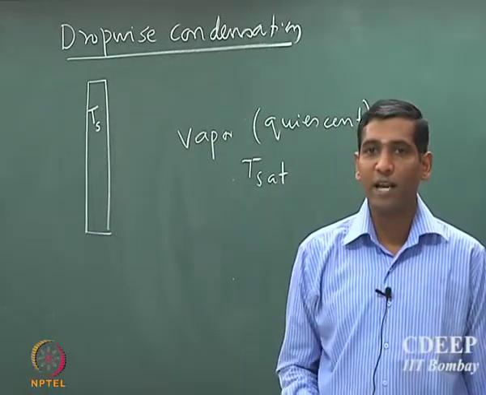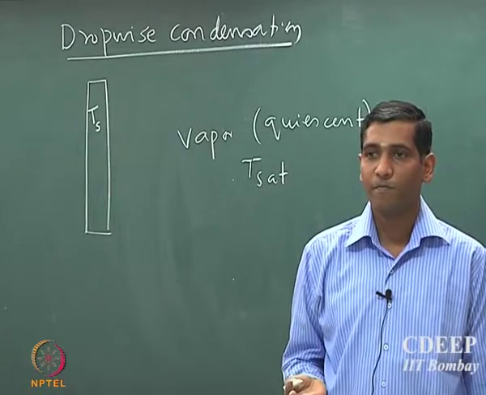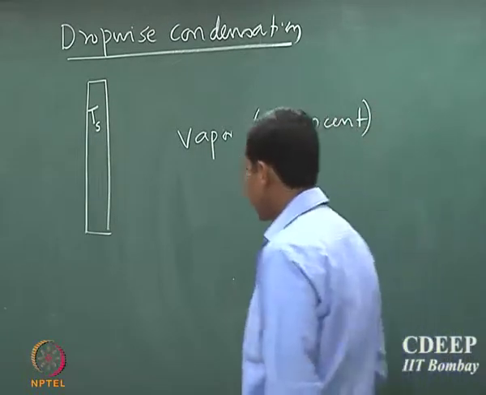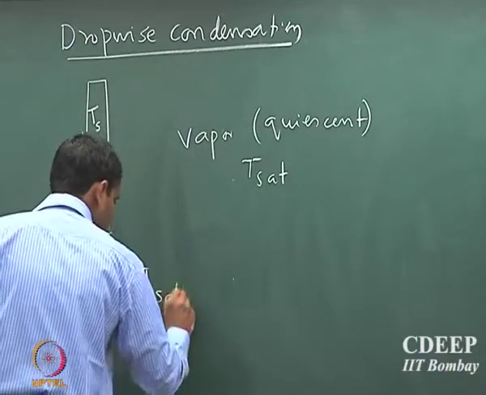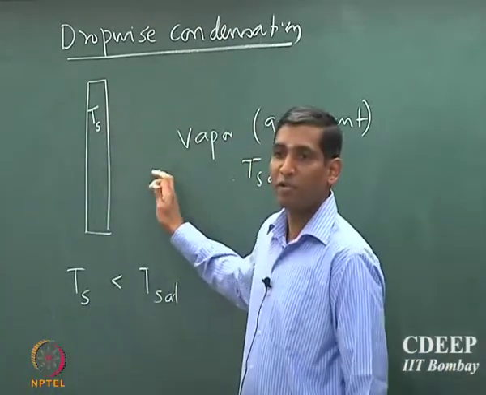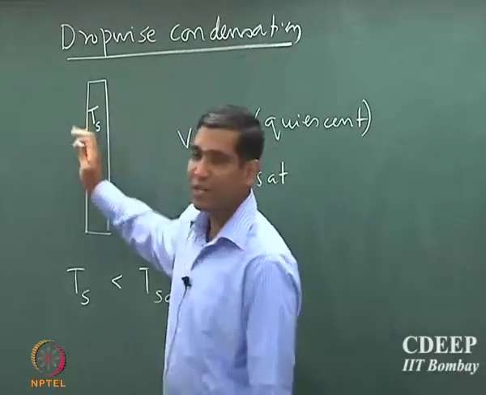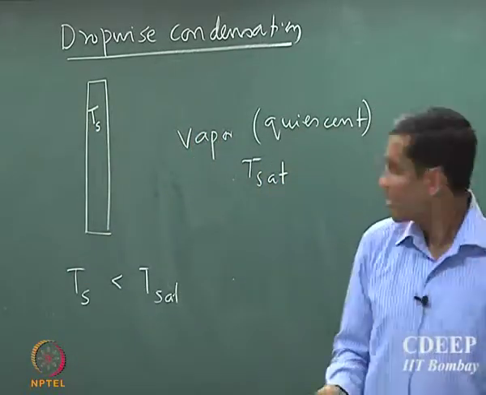So, Ts should be less than Tsat, because vapor is now going to lose heat, it is going to form liquid, and that heat is being taken up by the wall.